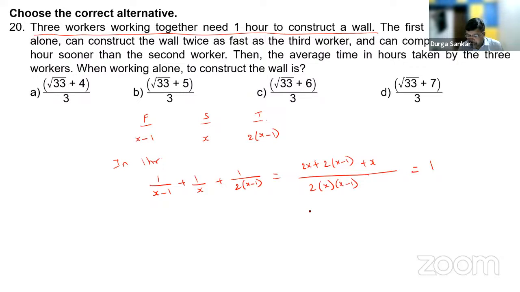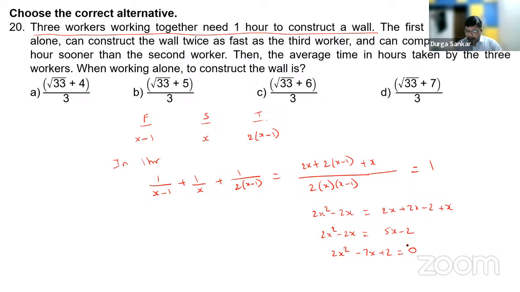So we get 2X square minus 2X is equal to 2X plus 2X minus 2 plus X. So 2X square minus 2X is equal to 5X minus 2, or we get 2X square minus 7X plus 2 equal to 0.